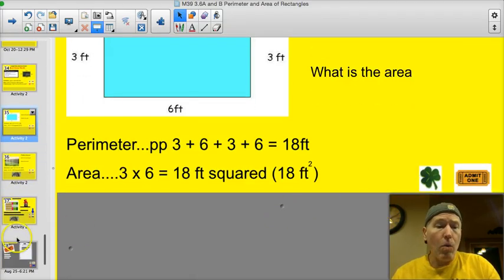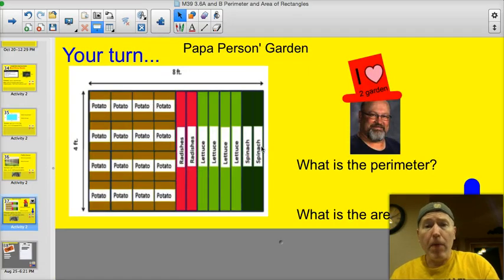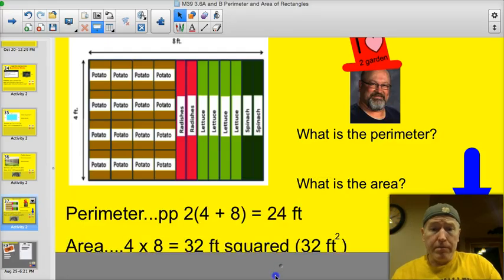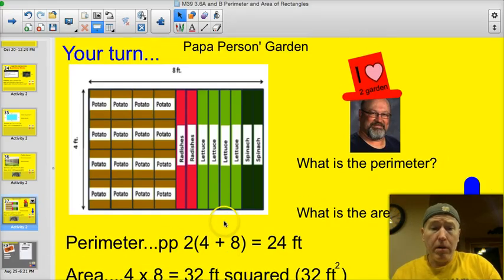All right, one last activity. Pop-up person's garden. See if you can find the perimeter and area of Pop-up person's garden. Martin. He's such a sensitive guy in his gardening hat. All right, let's see how you did. Well, the perimeter would be 4 and 4, or 8 and 8, adding those all together.